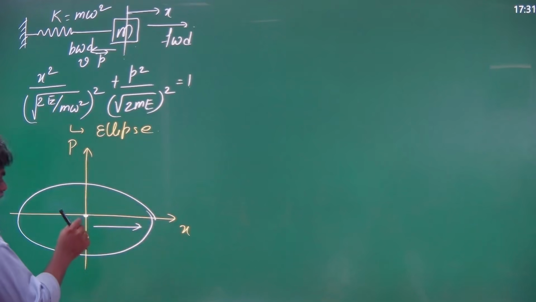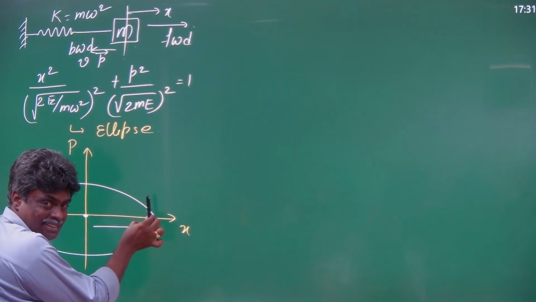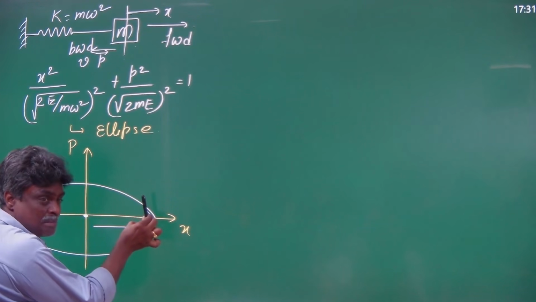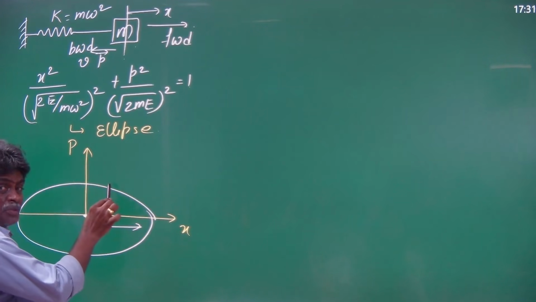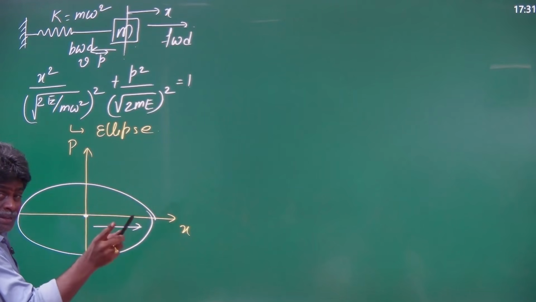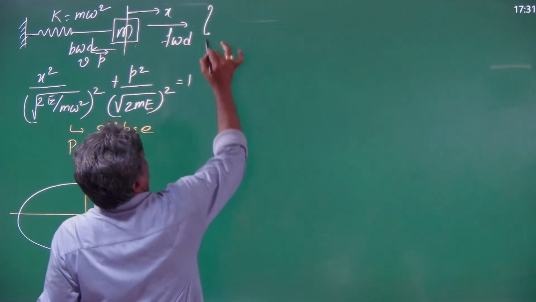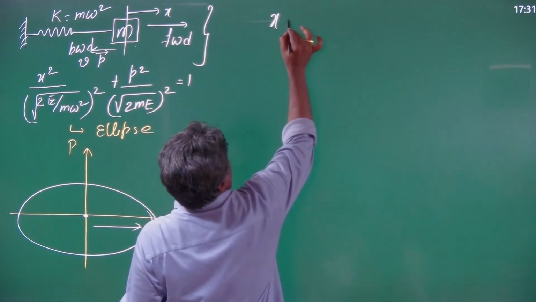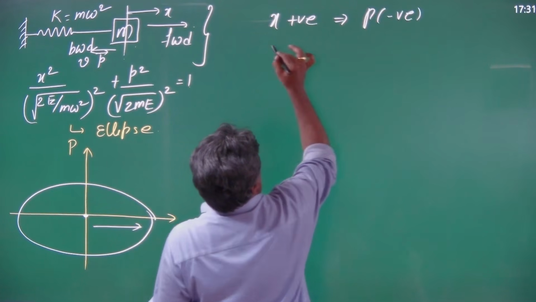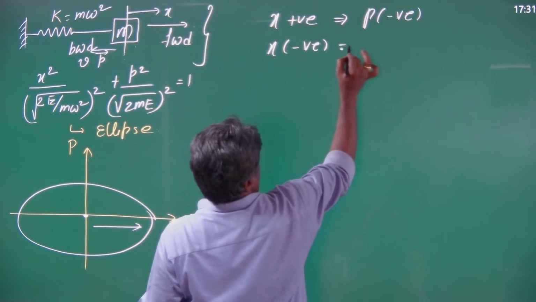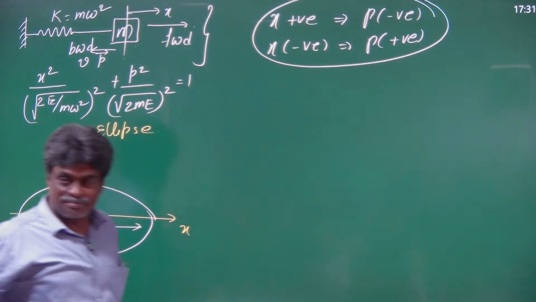So if this is the mass initially, if you displace like this, you said anti-clockwise, which means it's going like this, then is momentum positive or negative? But momentum is negative. Simple thing. See, what is this harmonic oscillator? If x is positive, its momentum is negative, and vice versa. If x is negative, momentum is positive. So this is SHM.